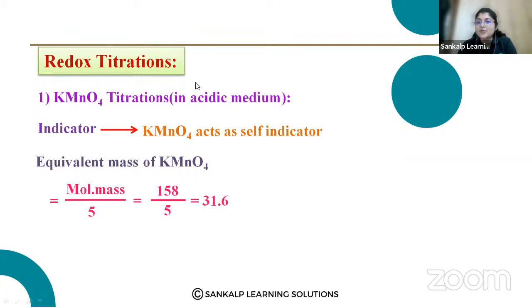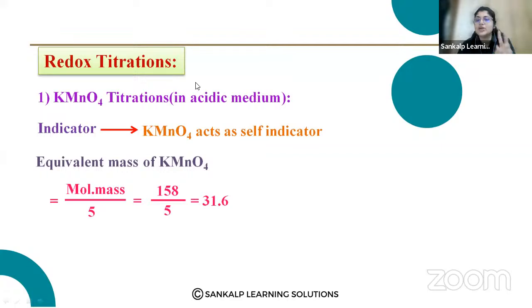By doing redox titration, we find out the concentration or strength of the unknown solution by titrating against the known solution, using an indicator.